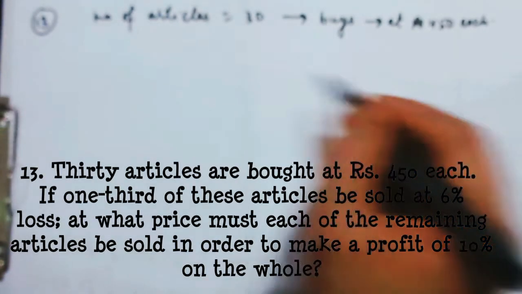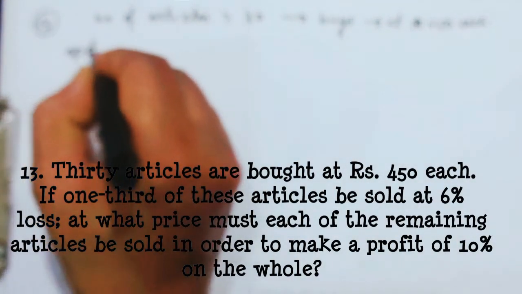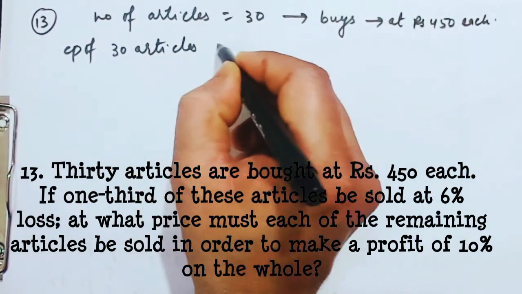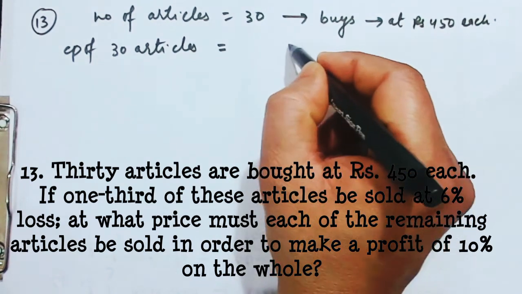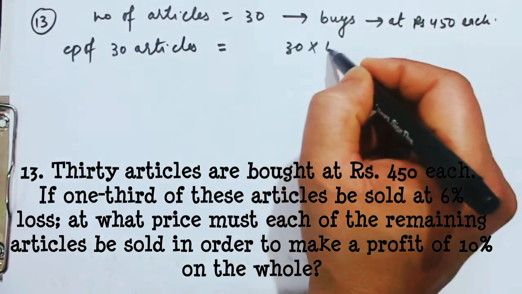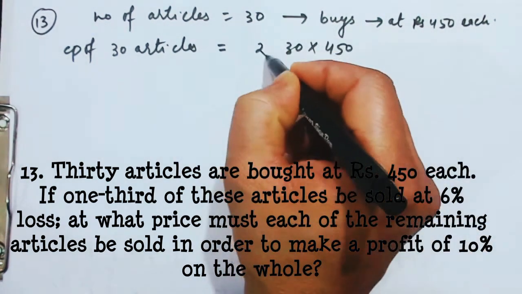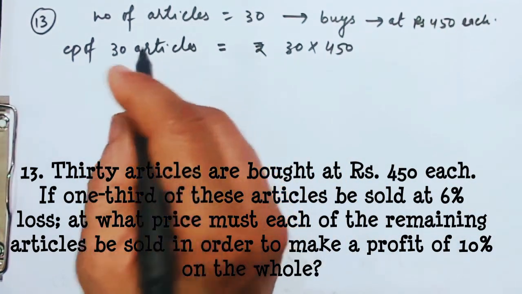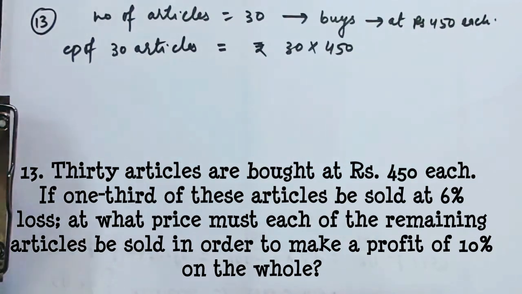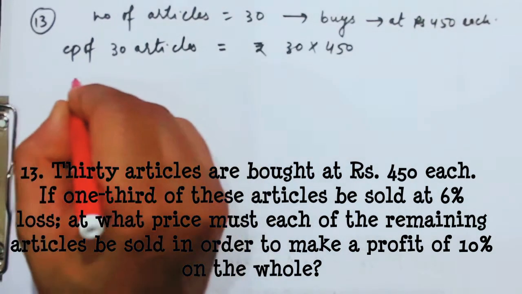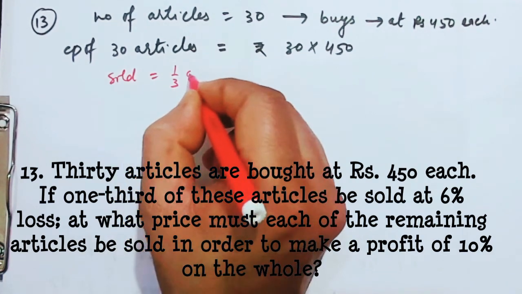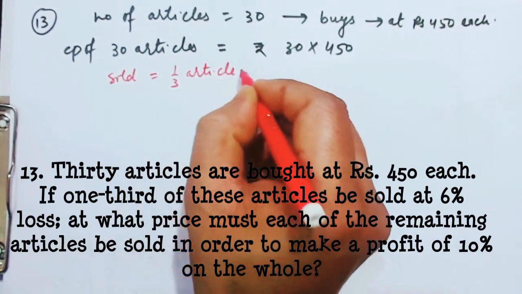So the cost price of 30 articles, my dear, will be equal to 30 into 450. Now they say that if 1/3 of this article is sold, so they are saying that sold equal to 1/3 article. Very good.